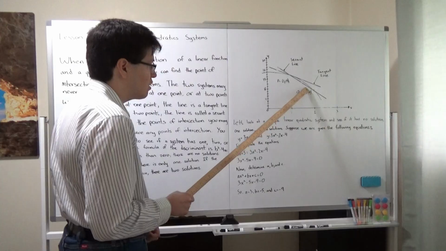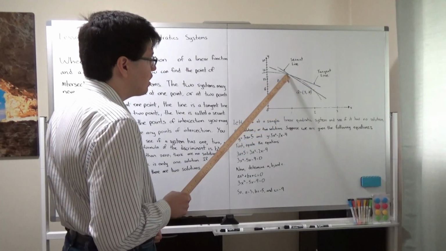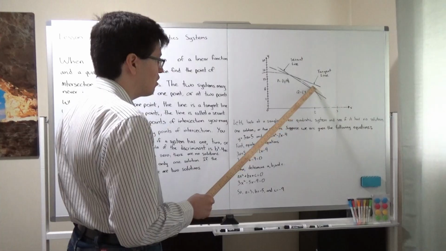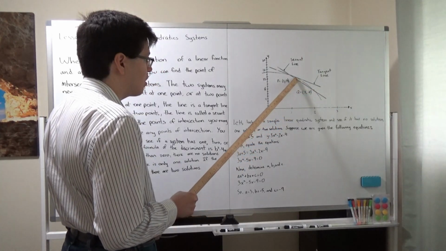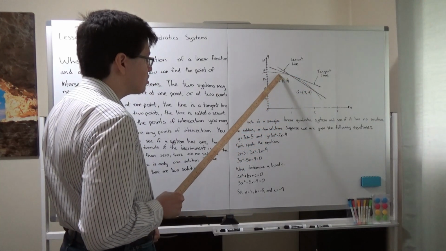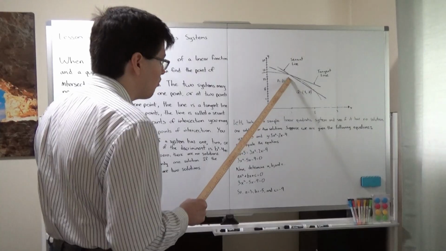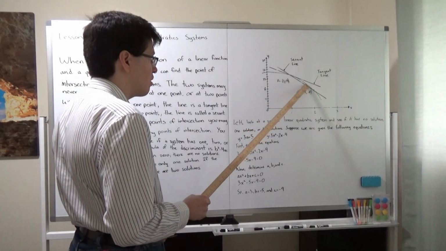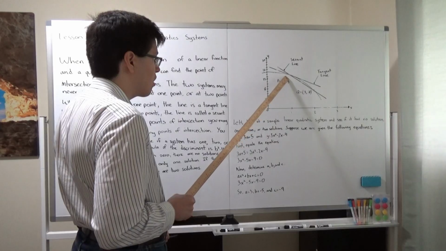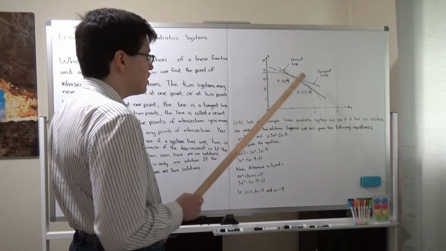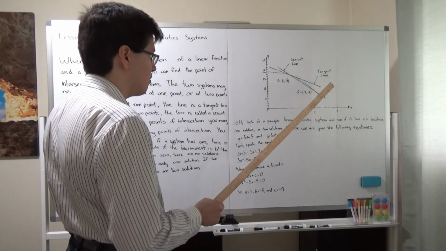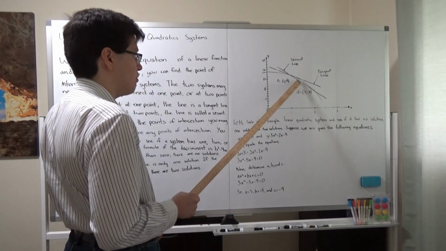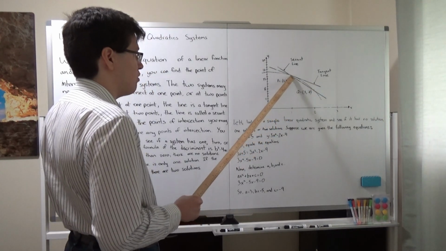Therefore, this line is a secant line. This line touches the quadratic curve at 1 point, (1, 13). Therefore, this line is a tangent line, and it's tangent to this quadratic at this point.